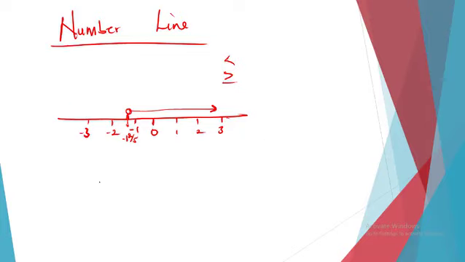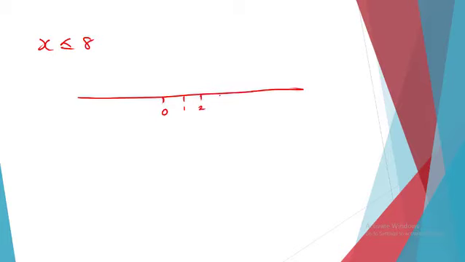For instance, if we have, let's go back to the next page, if we have a problem where x is less than or equal to 8, this is represented this way. This is 0, this is 1, 2, 3, 4, 5, 6, 7, 8. Okay, now this is our 8.